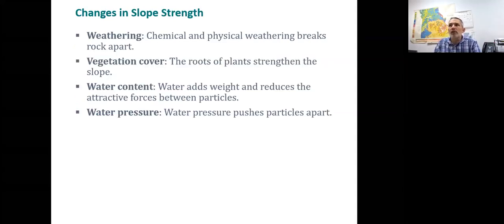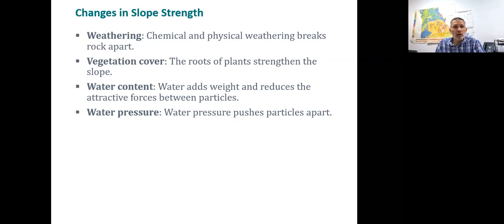So when we start looking at the changes in slope strength, obviously weathering is going to have a big impact on this, both mechanical and chemical weathering. Mechanical or physical weathering can break these rocks apart, and that's going to decrease the resisting forces. The amount of vegetation can play a role.